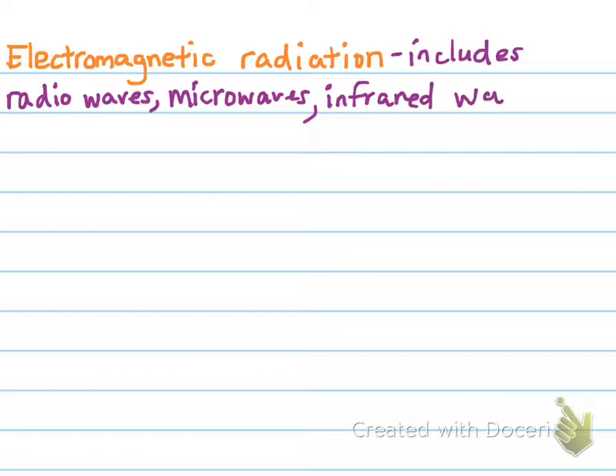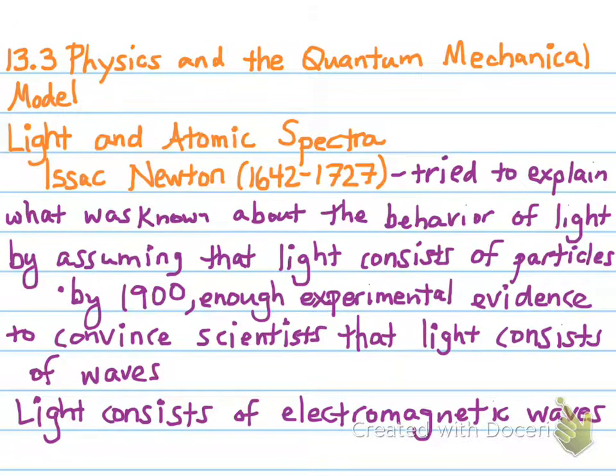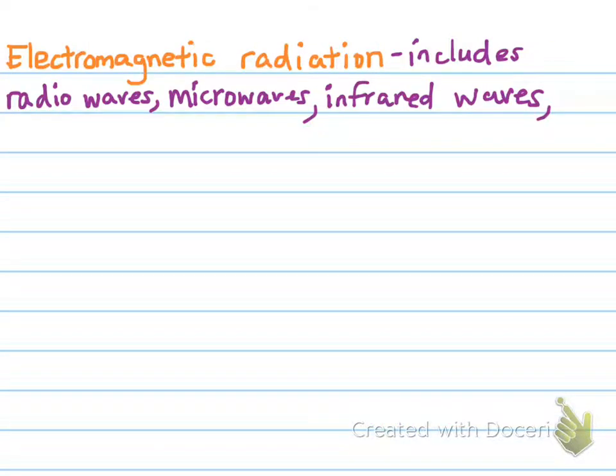waves, which are the red light bulbs that are used in fast food restaurants to keep things warm. Also used, we used them on the farm with our baby animals. When it was cold outside, we'd put a heat lamp, which was an infrared lamp, in their pen to help keep the babies warm.